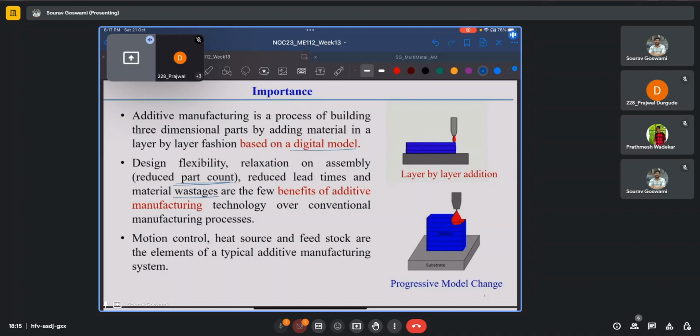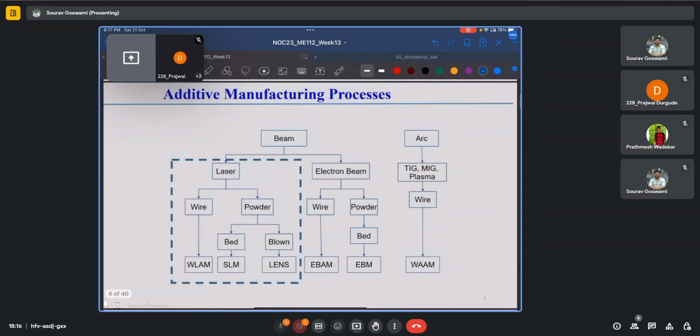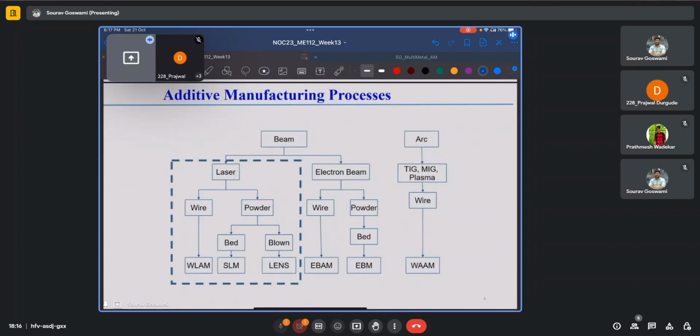Some of the key aspects which need to be considered, especially when we are trying to model any additive process, at least very rudimentarily, are the motion control, the heat source, and the type of feedstock as well as feedstock motion. So here we have a very broad classification of the additive processes based on the energy source, which in this case might be beam based or arc based.